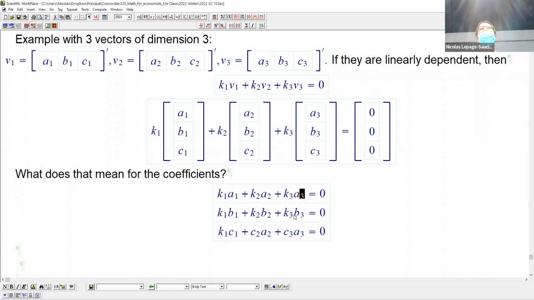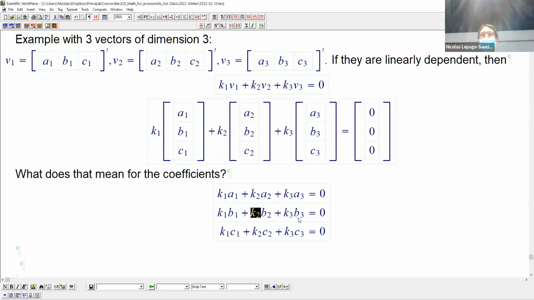All right. Did I make a mistake somewhere? Oh, yes, sorry. So we want to get rid of the K's. And note the following: I could perfectly well divide all three equations by K1 and get K2 over K1 or K3 over K1.